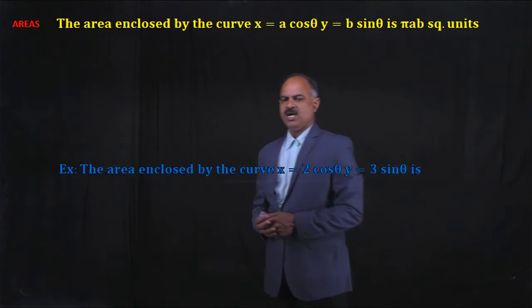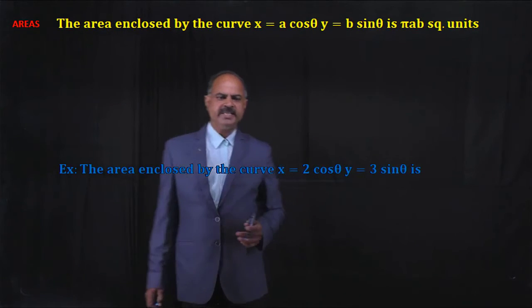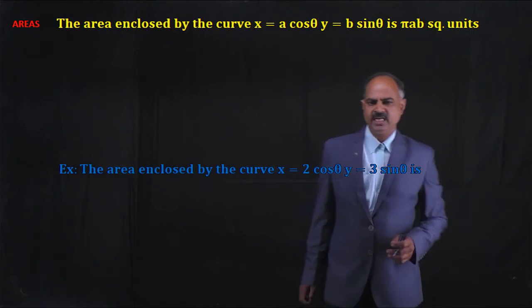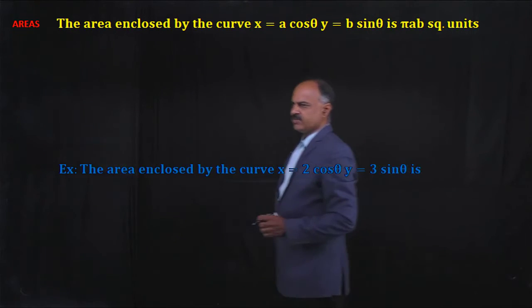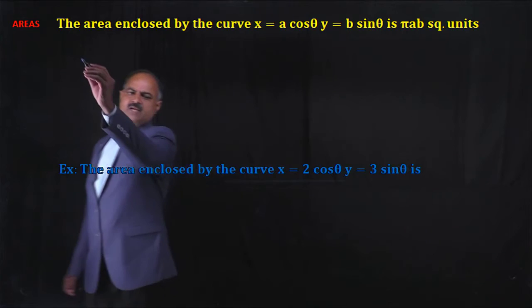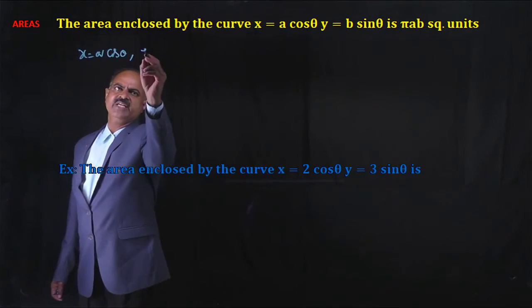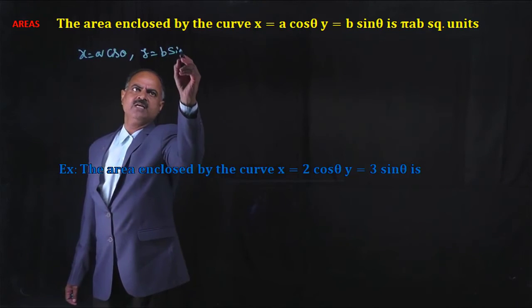Next formula: the area enclosed by the curve x equal to a cos theta, y equal to b sin theta is pi a b square units. So here x equal to a cos theta and y is equal to b sin theta.